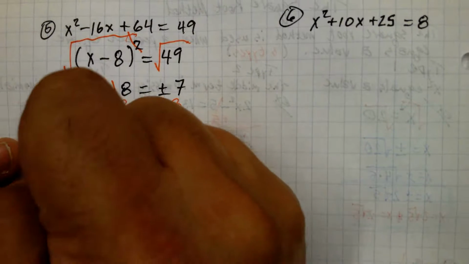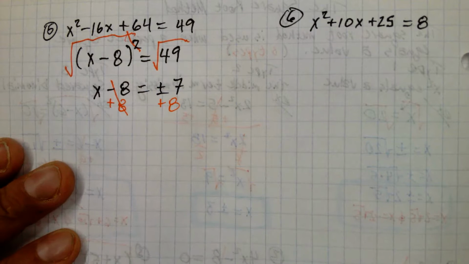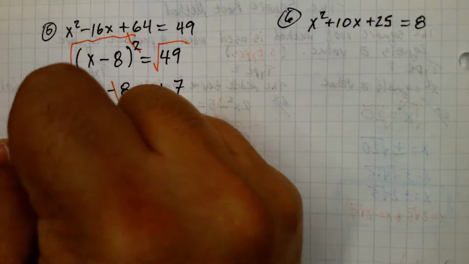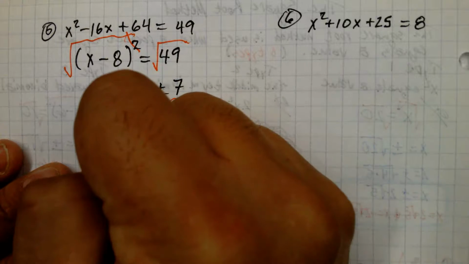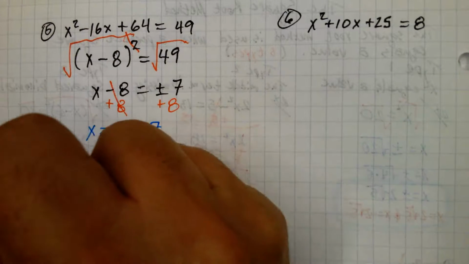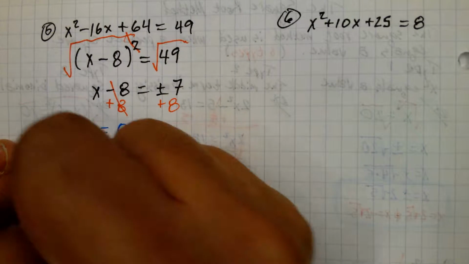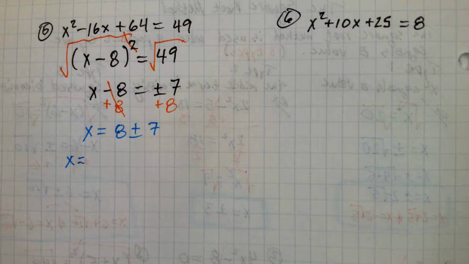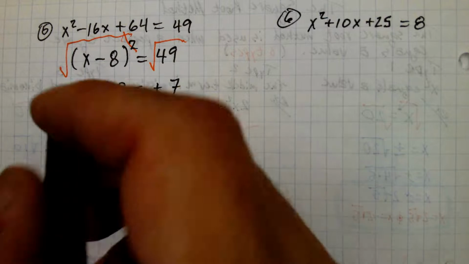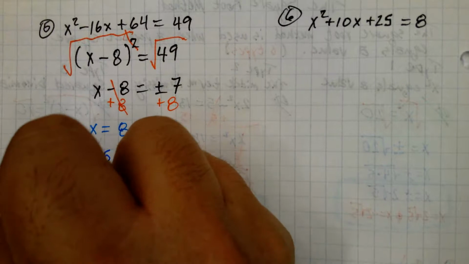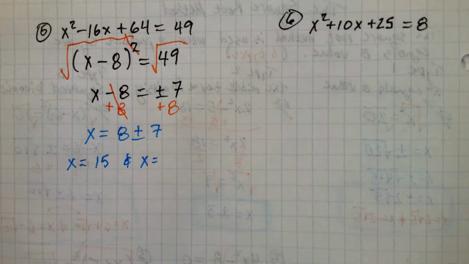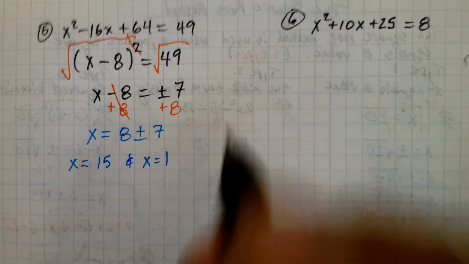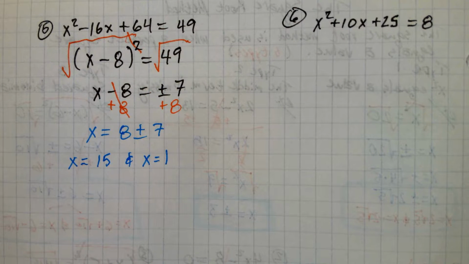So basically we have x equals 8 plus or minus 7. So let's write down what our answers are. We have 8 plus 7, and then we have 8 minus 7. 15 and 1. Okay.